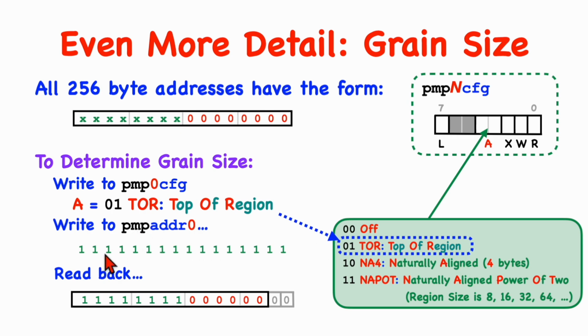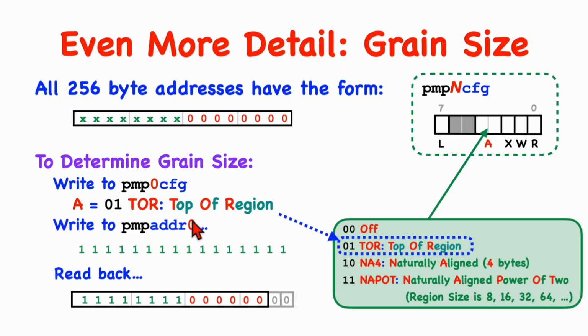Then you'll write a value of all 1 bits into the corresponding PMP address register, and then read it back and see what you get. The hardware will zero out the lower order bits to force it to become a properly aligned address. In this case, we read back a value in which the lower 8 bits are zeros, and we can conclude that the grain size is 256. Actually, you'd need to take into account the 2 implicit bits, but you get the idea.